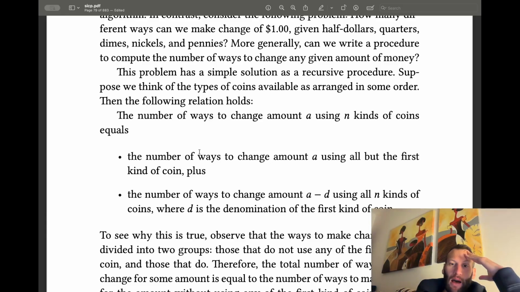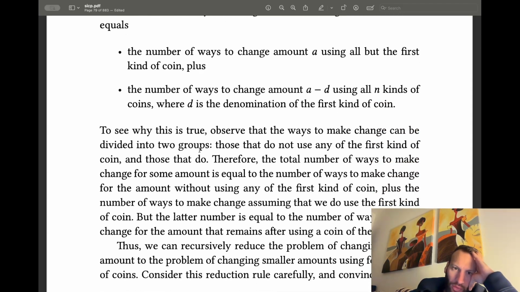So for example, we have the amount is $1 and we have a $1 coin, half-dollar coins, quarter-dollar coins, etc. The number of ways to change amount A, so to change a dollar, using all but the first kind of coin, plus the number of ways to change amount A minus D using all n kinds of coins, where D is the denomination of the first kind of coin. Okay, I think I got this.